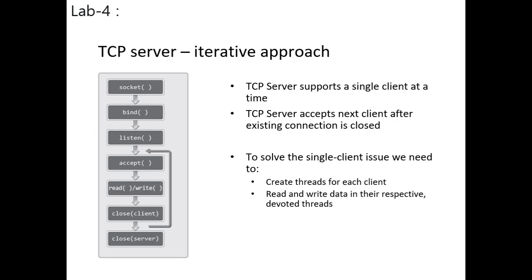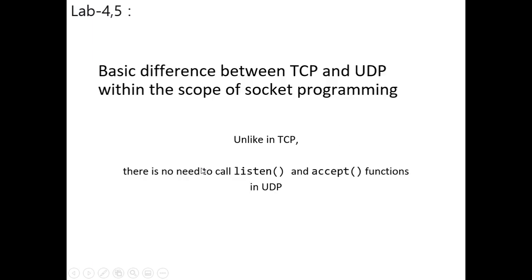This has the problem of not being able to support multiple clients at a time, if you remember. This problem could be solved by creating threads, processes, or using IO multiplexing, and so on, which we have covered and which I will also talk about a little later. So the iterative approach looks like this, and I want you to make sure that you remember this.